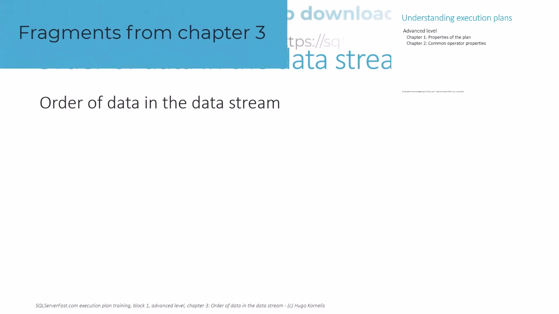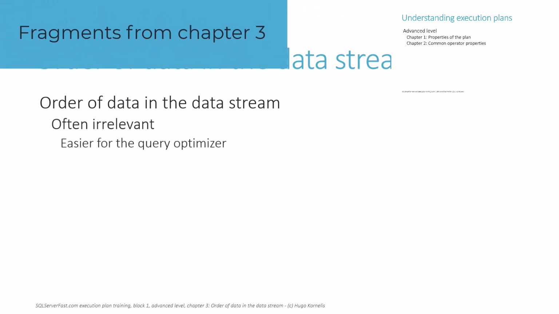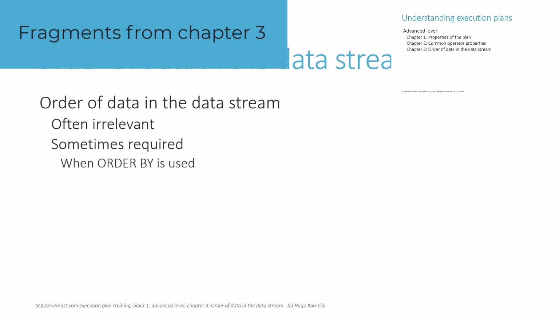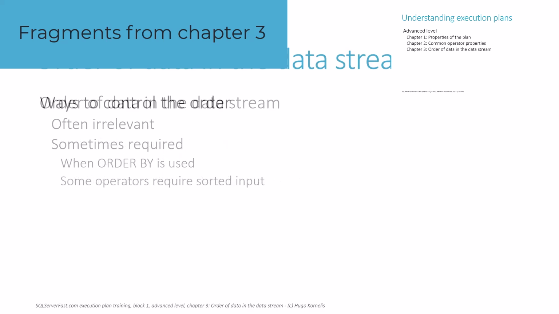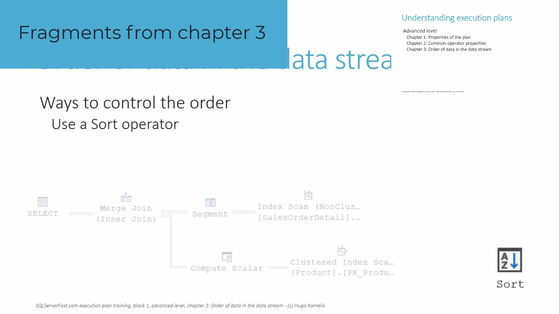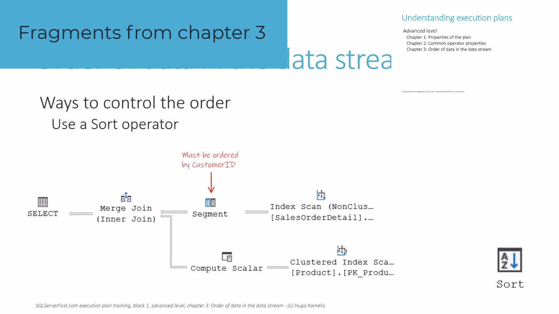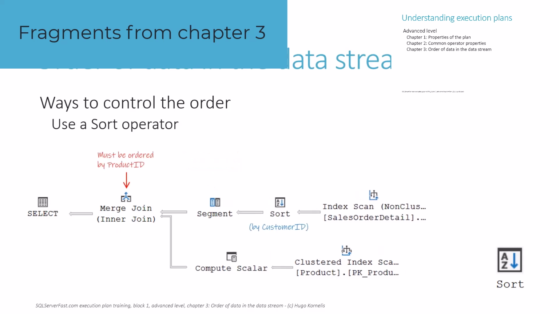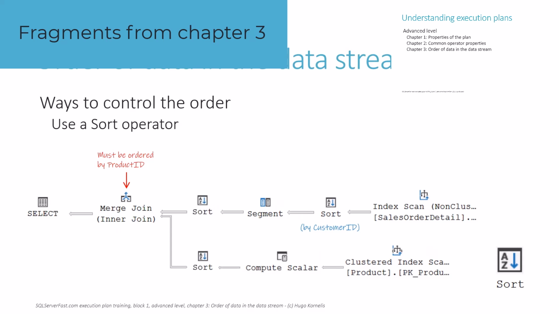The third chapter talks about what I consider an invisible property, the order of the rows in the data streams between operators. Some operators impose a specific order on the rows they produce. Some operators return their results in the same order as they received them, while others can mess up the order and effectively return data in random order.